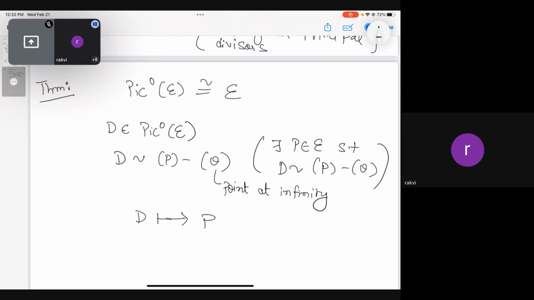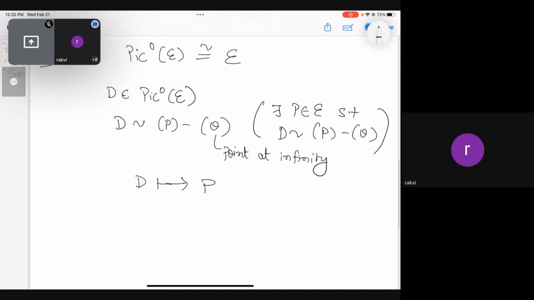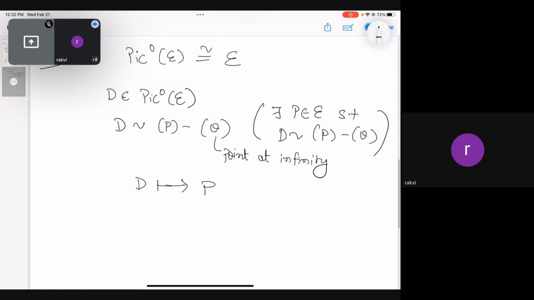This is my map, and let me give this map a name. Let me call it sigma. So when I say sigma of D is equal to P, that's exactly what I mean. I start with a degree zero divisor and find a point P such that D is equivalent to P minus the point at infinity, and sigma sends D to that P.